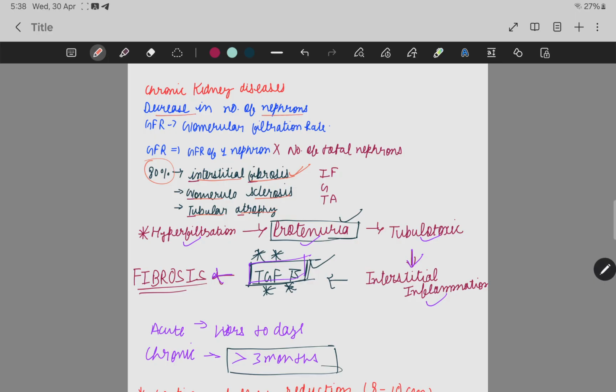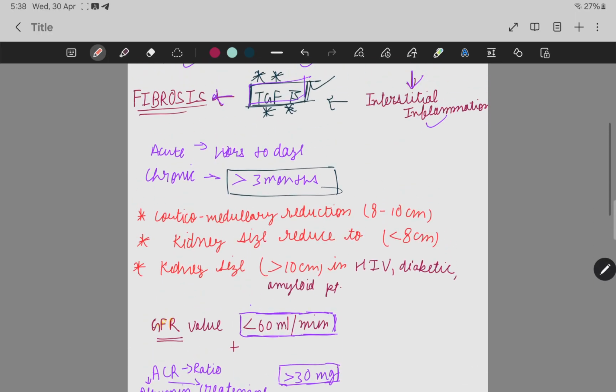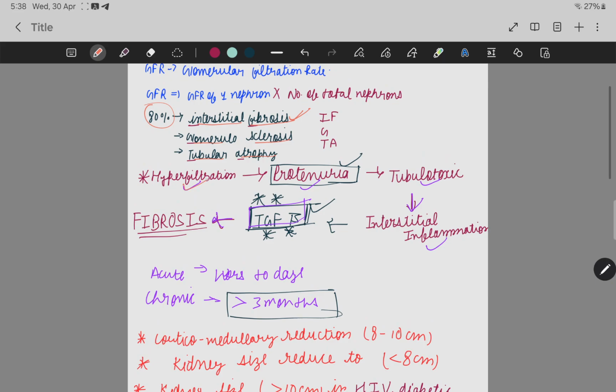Decrease of nephrons leads to hyperfiltration, which leads to proteinuria. Proteinuria causes tubulotoxicity, which causes interstitial inflammation, which causes the release of TGF beta, and that leads to fibrosis of the kidney.